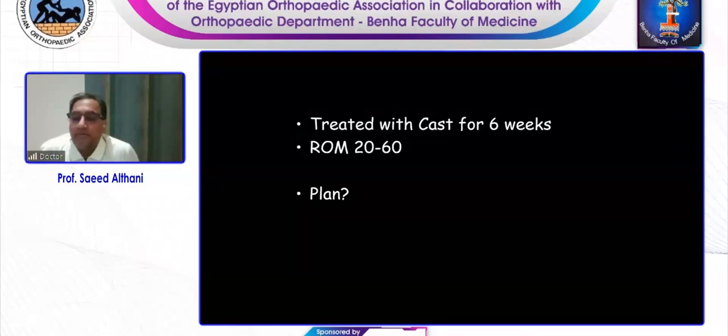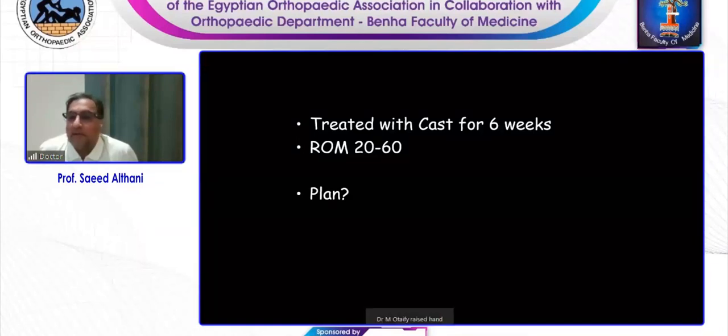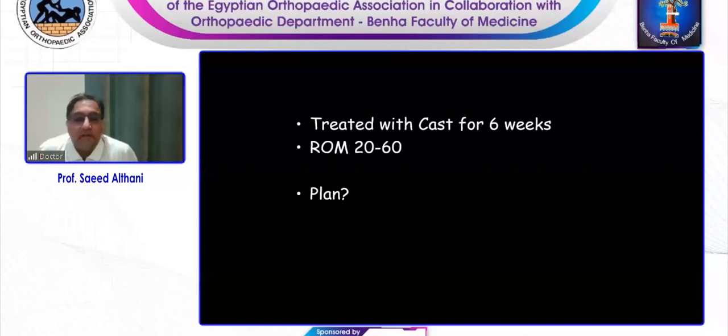So I sent him to physiotherapy, and luckily his father was a football player, so we took him to the club, where he had stretching and manipulation of his knee every day. Six weeks later, he had almost full range of motion, and at that time we planned the surgery.